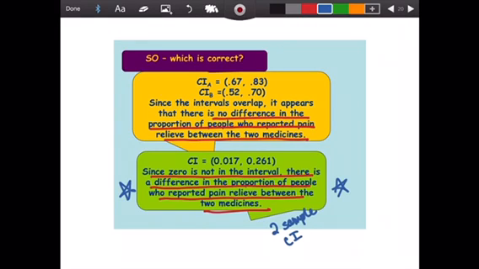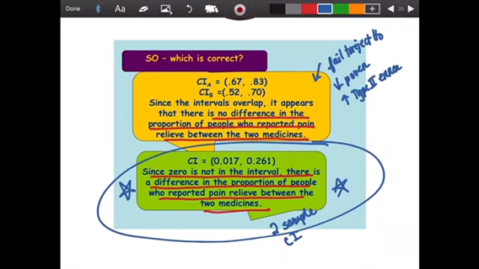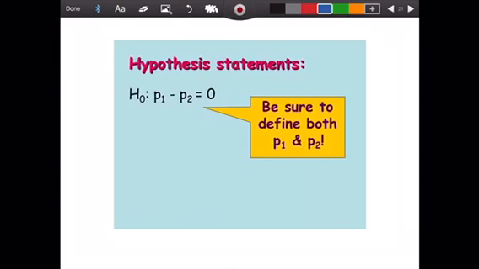When we're looking at two separate confidence intervals, we actually fail to reject the null hypothesis more frequently than when we do a two-sample hypothesis test. This means we have a decrease in power when we compare two confidence intervals and an increase in our type 2 error. So it is best to look at a two-sample confidence interval when we're comparing two proportions.